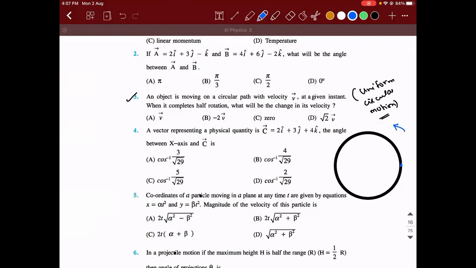So what is the speed of it? They have given the velocity at any instant is v. So when it has completed half a revolution, then the velocity at this point will be in this direction. Accepted? Sir, half, sir. You drew for quarter. When it completes half rotation.